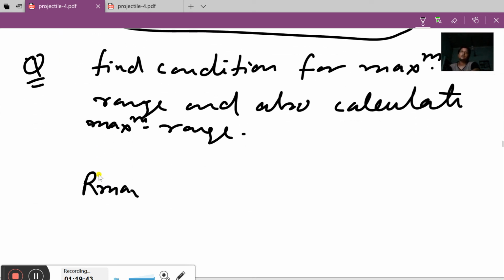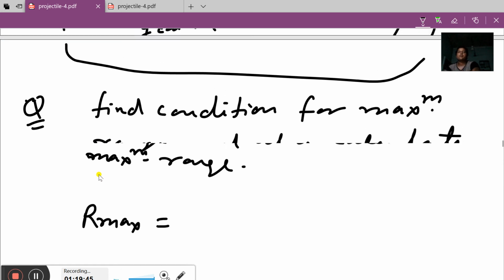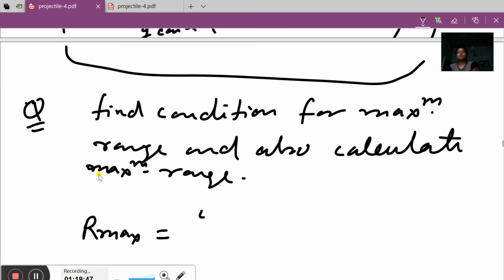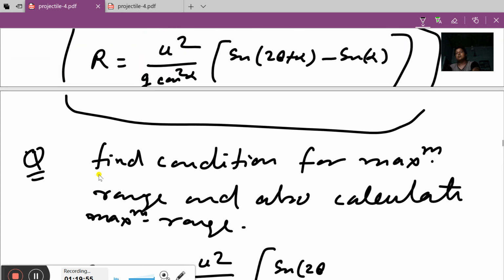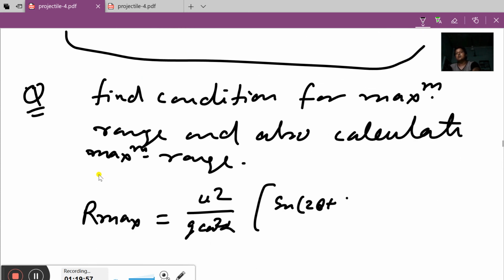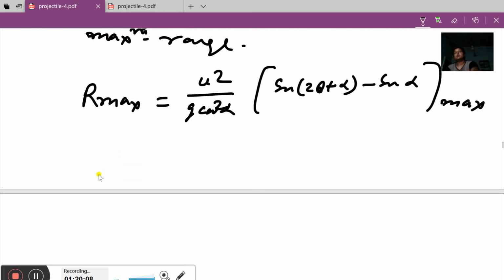For range to be maximum, u square over g cos square alpha into sin 2 theta plus alpha minus sin alpha must be maximum.